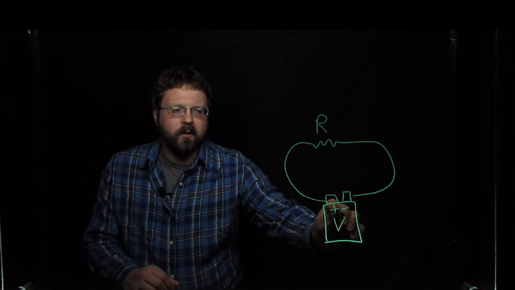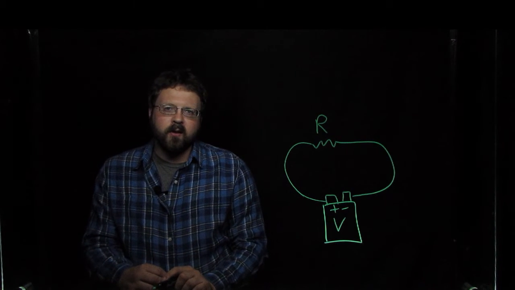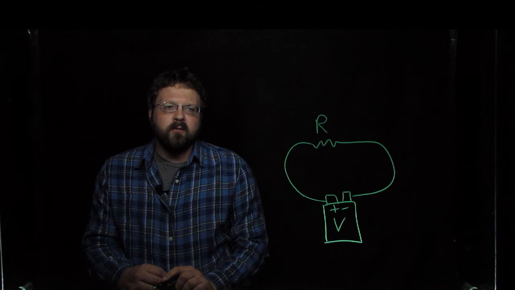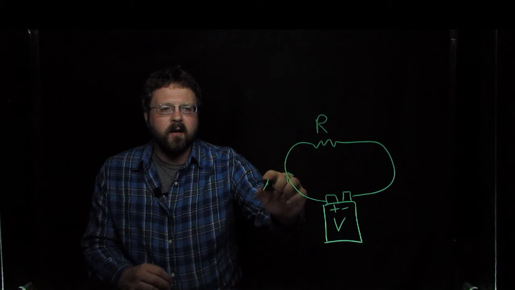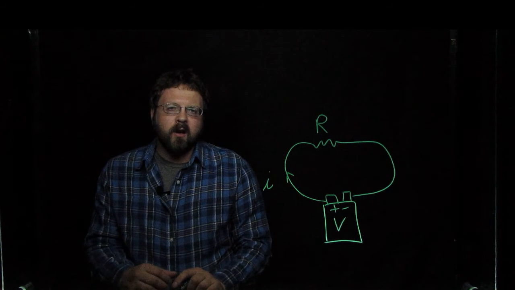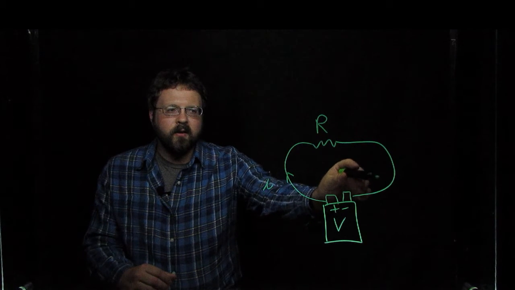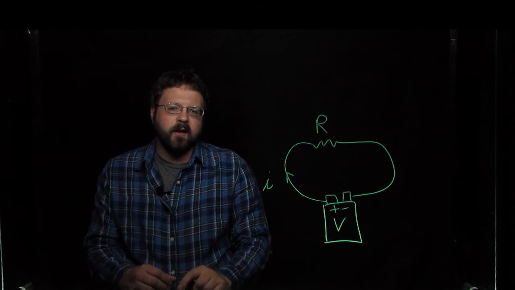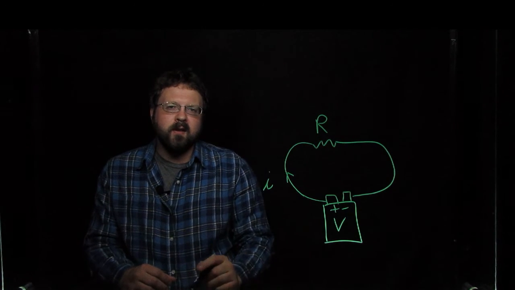So you'll remember a battery supplies a particular voltage to the circuit, and that voltage pushes a current I through the circuit. Remember, we usually talk about conventional current, so that's the flow of positive charges through the circuit back around to the negative charges. And that resistance limits the amount of current.